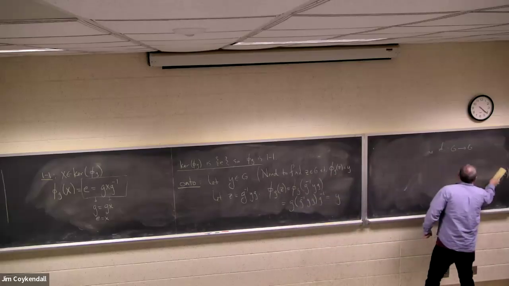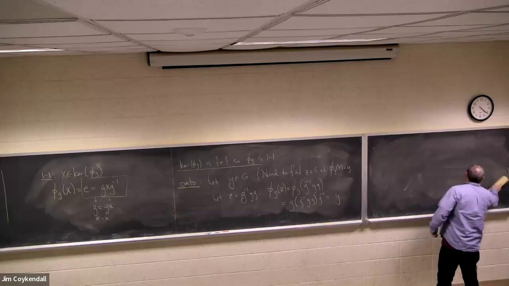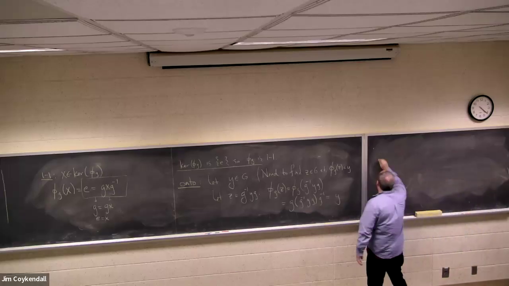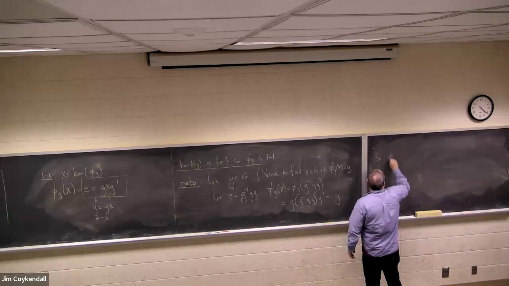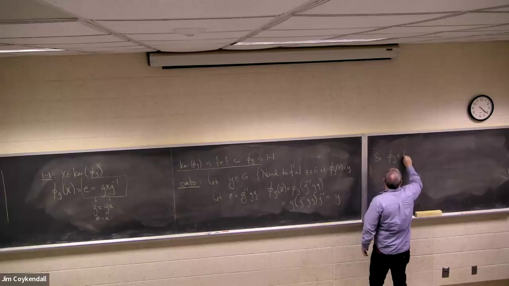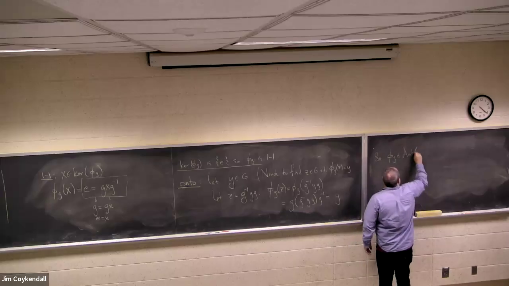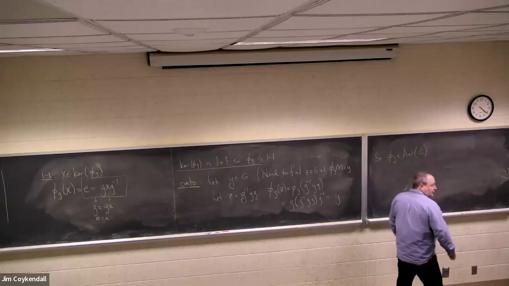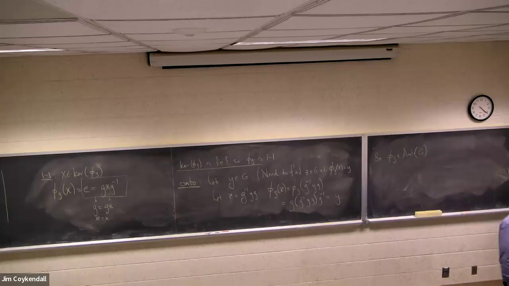So phi G is bijective. And so therefore, this is an automorphism.